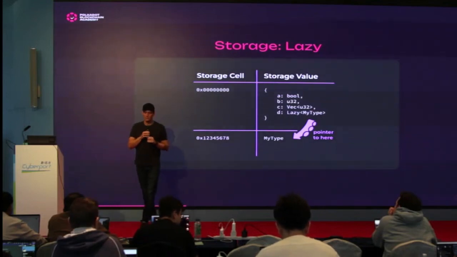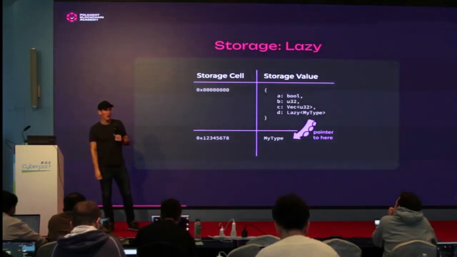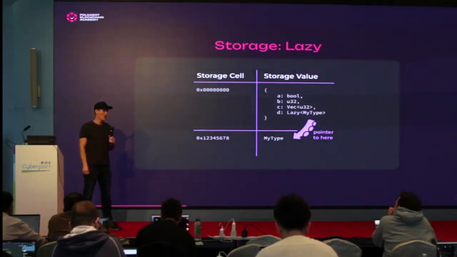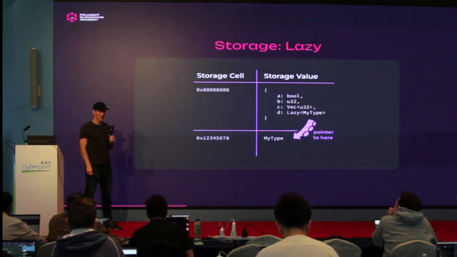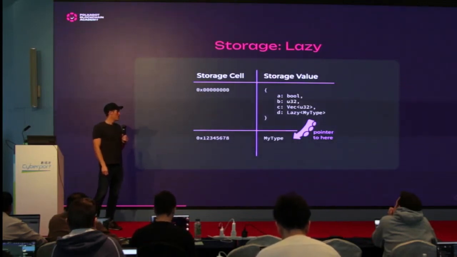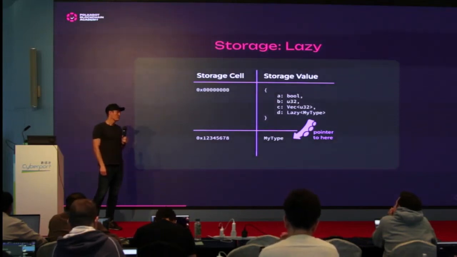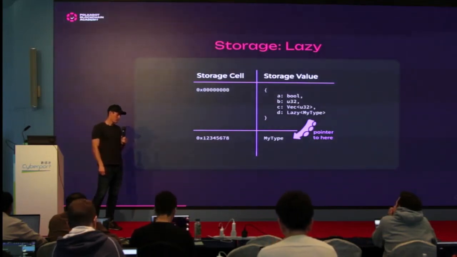Okay, so the benefit of lazy is that it will only decode your value, but non-lazy you have to decode all of them to see which one is your value. You have the struct storage value with A, B up to D, and D is a pointer to another cell.